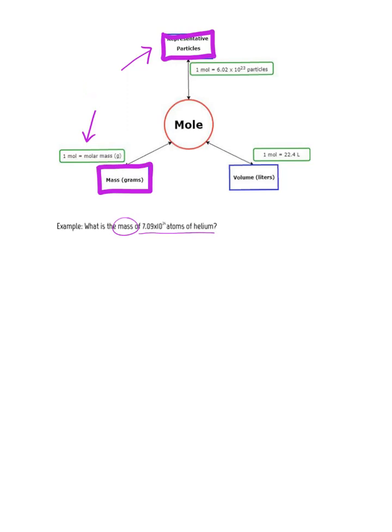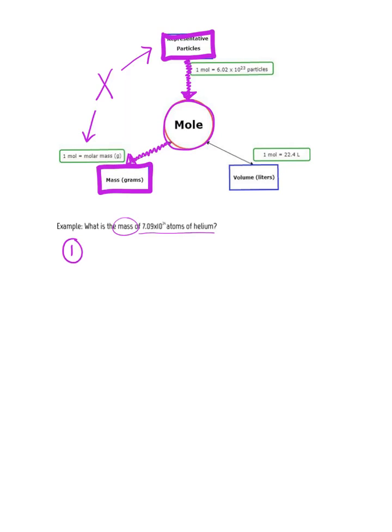So when you have something like that, you need to do a two-step equation. You were given atoms, so you need to convert from atoms to moles, and then from moles to mass. Since we don't have a conversion factor that directly links mass and particles, we need to do a two-step equation for them through the middle.